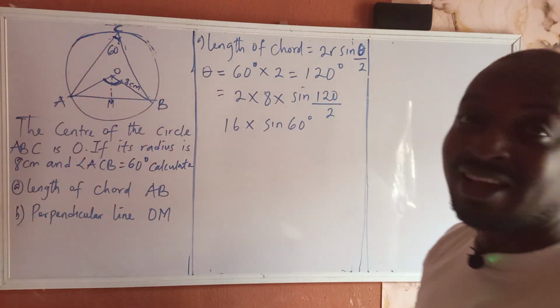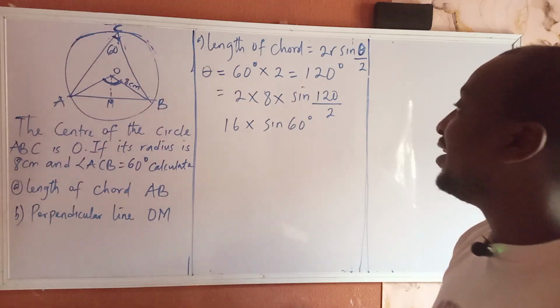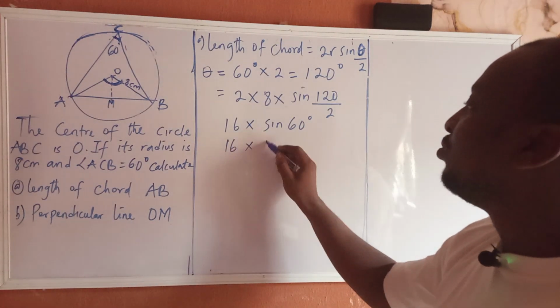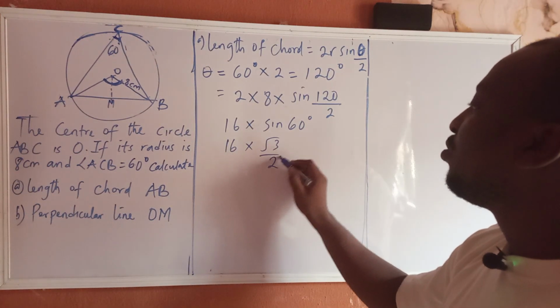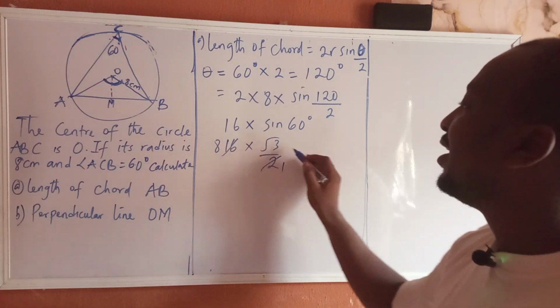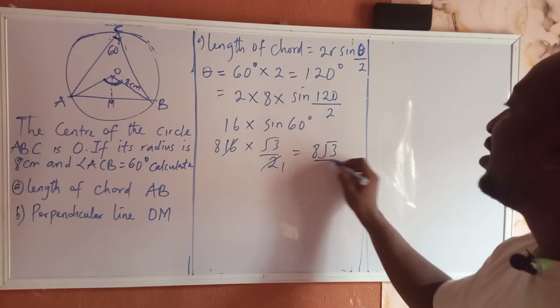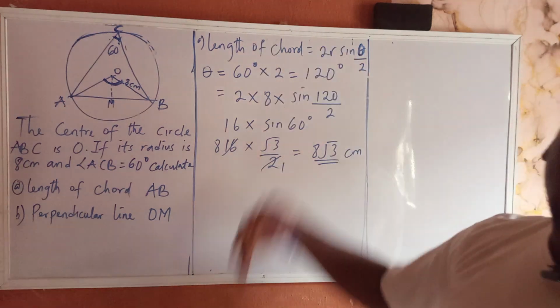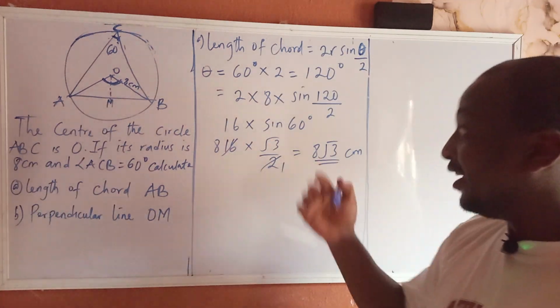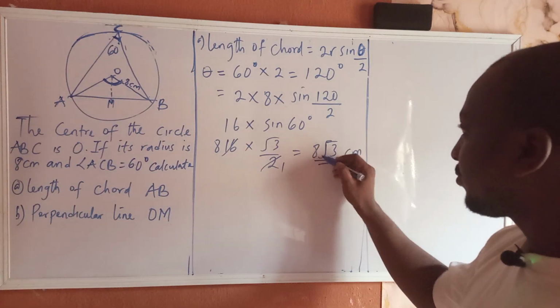From trigonometric identity, sine 60 is root 3 over 2. So the length of that chord will be 8 root 3 centimeters. You can decide to leave it in decimal using your calculator.